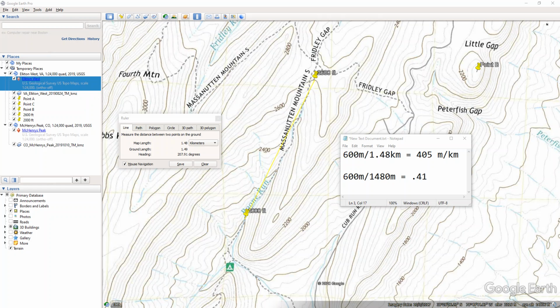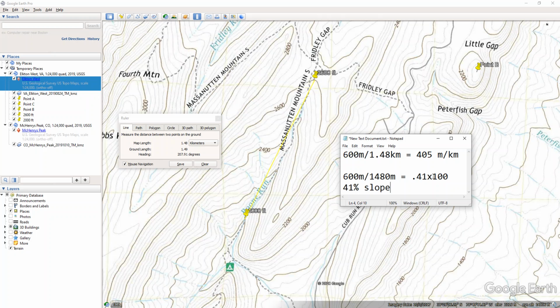It creates a dimensionless slope, which is handy because if you multiply that by 100, you can express this as a percent. So typing times 100 will then give us a 41% slope.